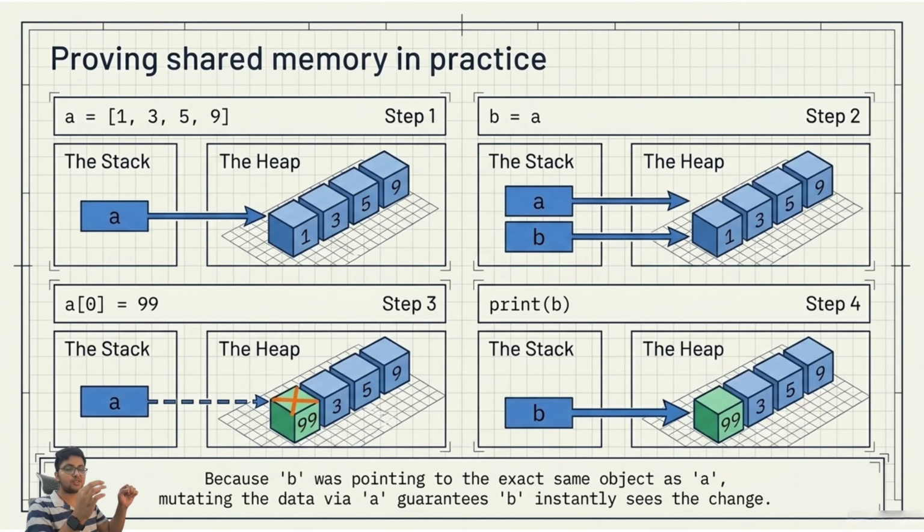Now we are doing A of 0 is equals to 99. Now what happens? We are saying in the heap, which is the memory element being referenced by A, the element having index 0 should get updated with the value 99. And when we are printing B, it will print 99 only because both of them were referencing the same object. That is why we have a differentiation of stack and heap when we are working in the programming languages.